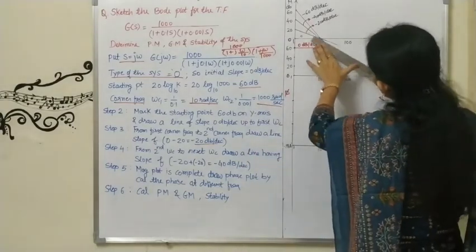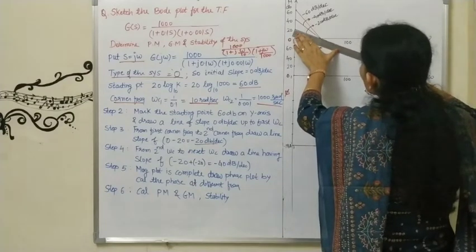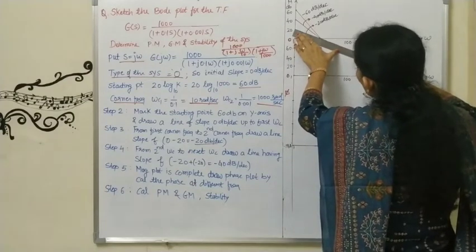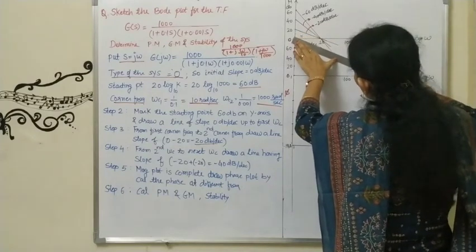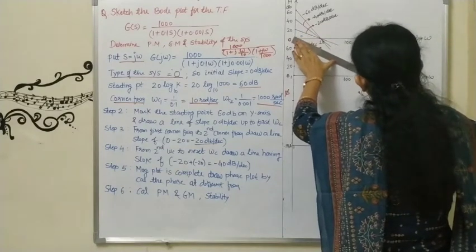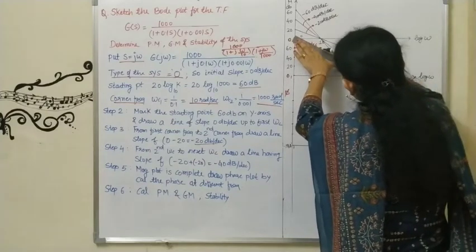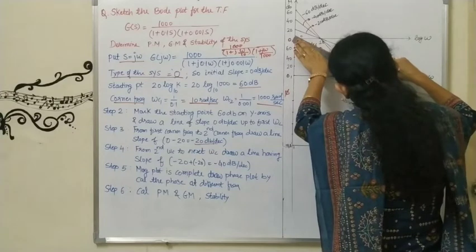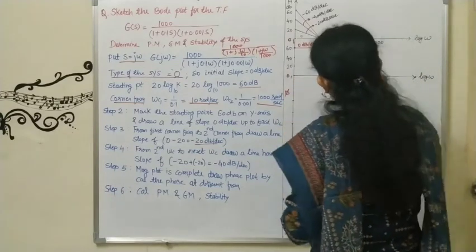See, it will depend on how proportionately you are drawing the line slope of minus 20 dB per decade. So I already told you that it will be better if you use the roller scale. I am using a simple scale, so it may happen that the line slope will change.